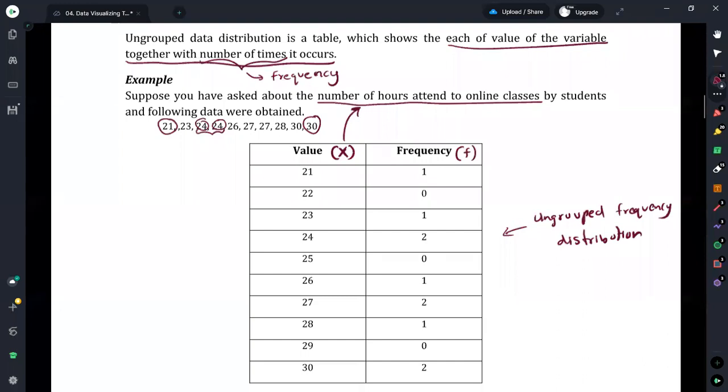In such situations, we may not be able to use ungrouped frequency distributions. To overcome the lengthiness of the table, we are going to introduce another technique called the grouped frequency distribution. Then we will move on to that.